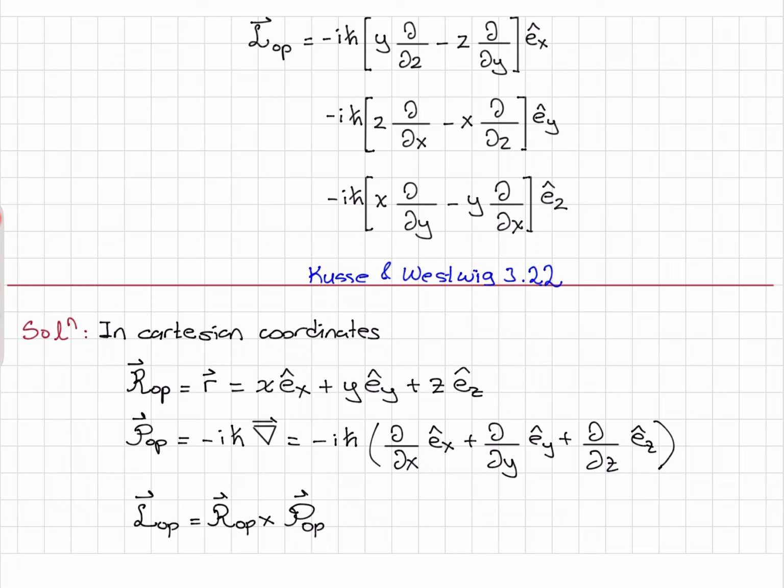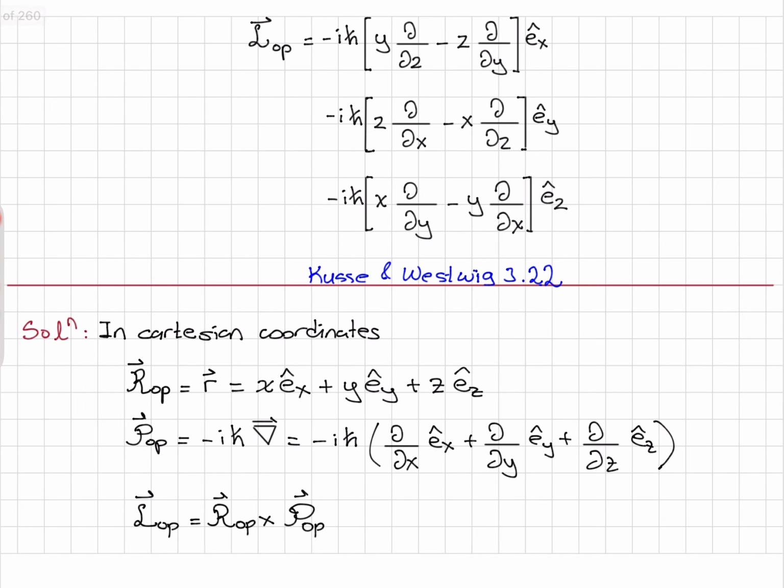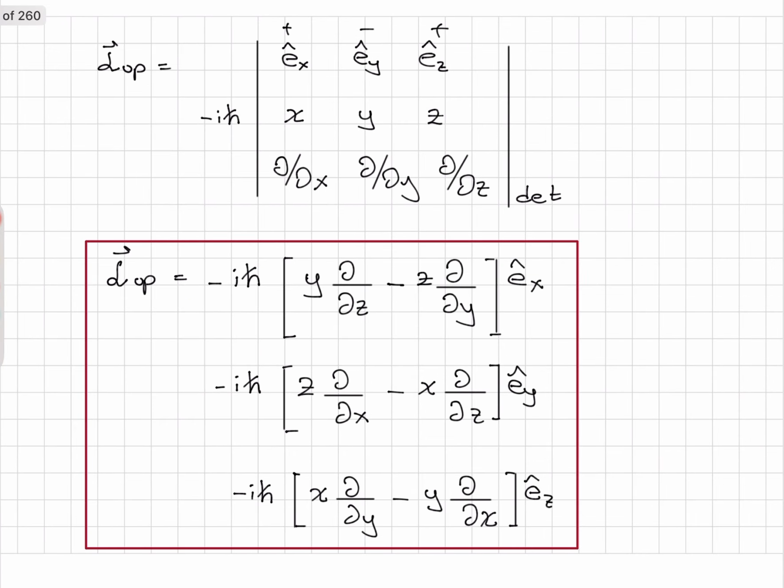Now when we take the cross product of two vectors, first we have to write the unit vectors in the coordinate system e_x hat, e_y hat, e_z hat. In curvilinear coordinates we would have scale factors here. So x, y, z, and these components del/del x, del/del y, del/del z with minus i h bar up front. So we take this determinant with respect to the first row, and that gives us exactly the answer we're looking for.